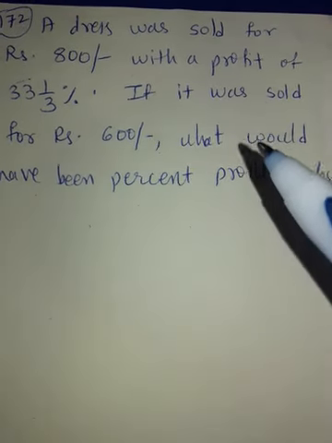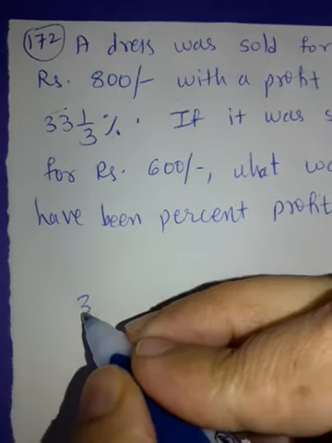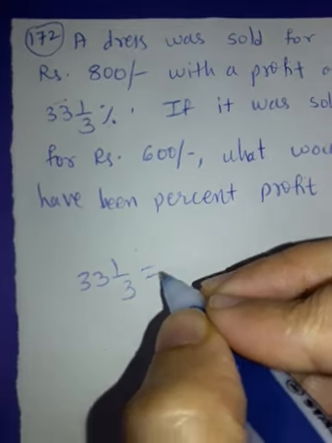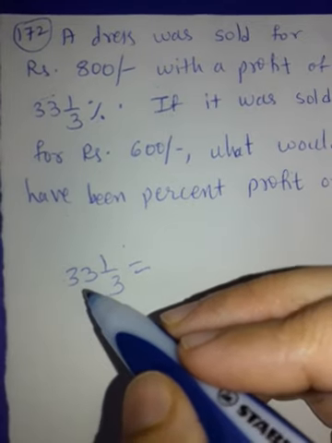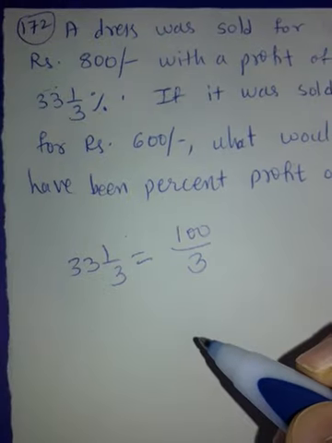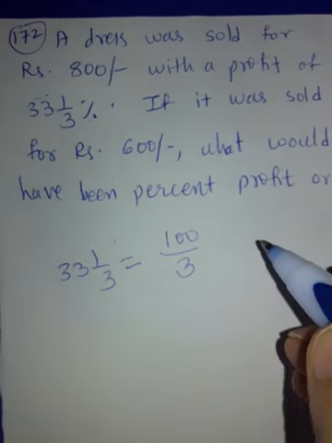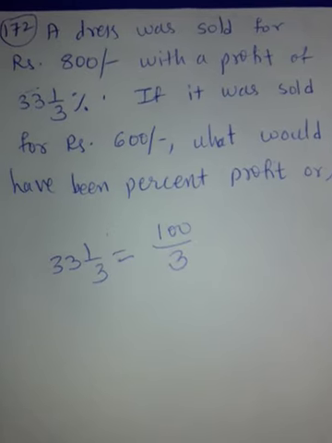Here it is 33 1/3. So what can we do? What is 33 1/3? If I convert it into a fraction, 33 times 3 is 99, 99 plus 1 is 100. This is 100/3. So when I say 20% profit, I say 100 plus 20, that is 120 is SP.